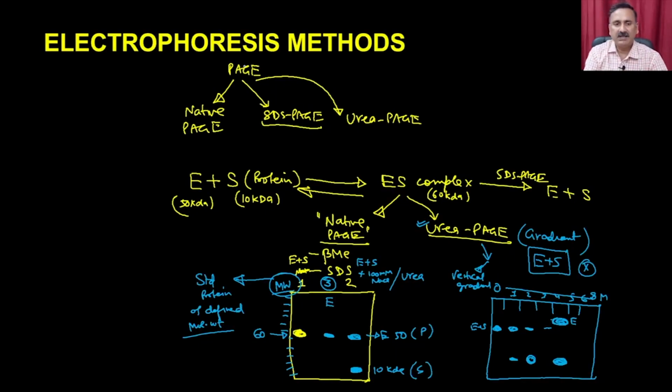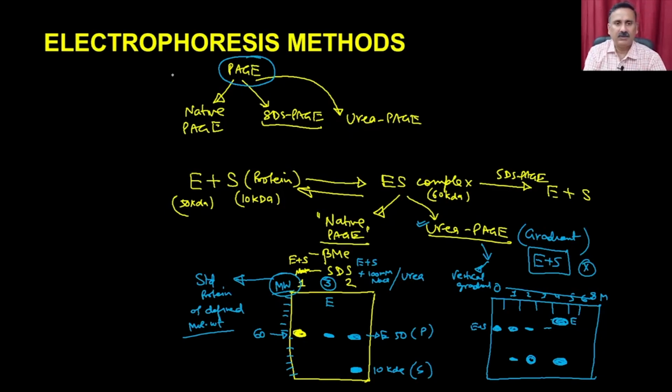So SDS page is a very robust technique to answer the question whether the substrate is interacting with the enzyme or not, considering that the substrate is proteinaceous in nature. If the substrate molecular weight is very low, for example, you are talking about glucose and hexokinase, then in those cases it is probably not the best technique to answer the question.